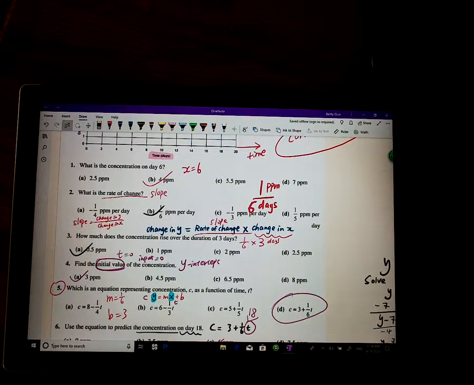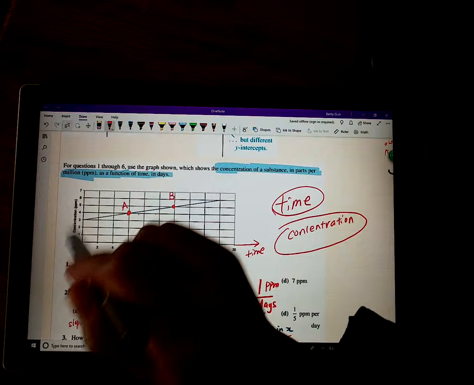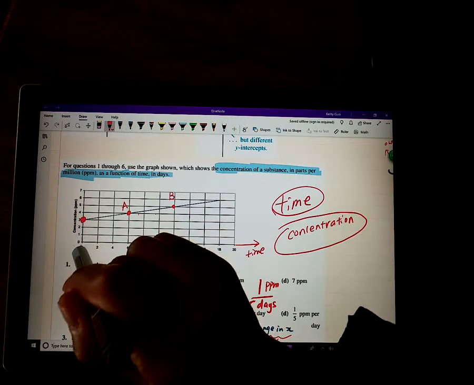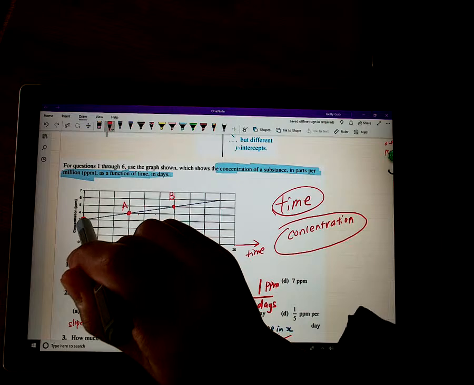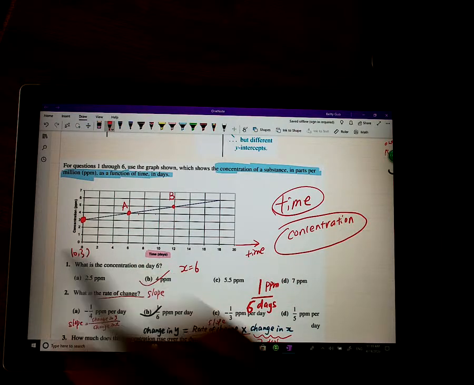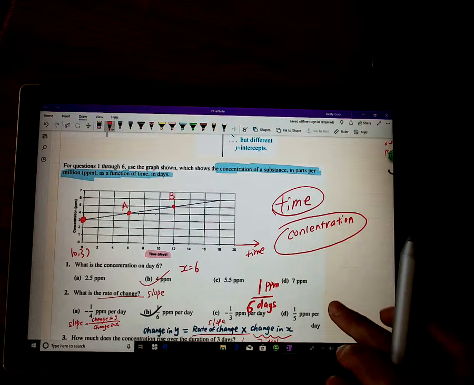Number 4, find the initial value of the concentration. Initial value means initially, at the very beginning, as the time equals 0. As the time equals 0, this point has x value equals 0. The corresponding y value is 3. (0, 3) is the y-intercept, right?